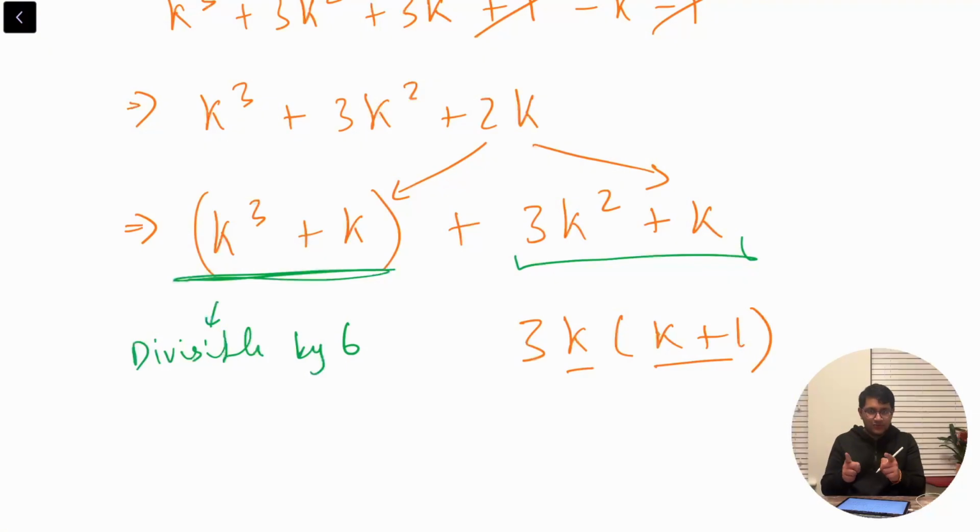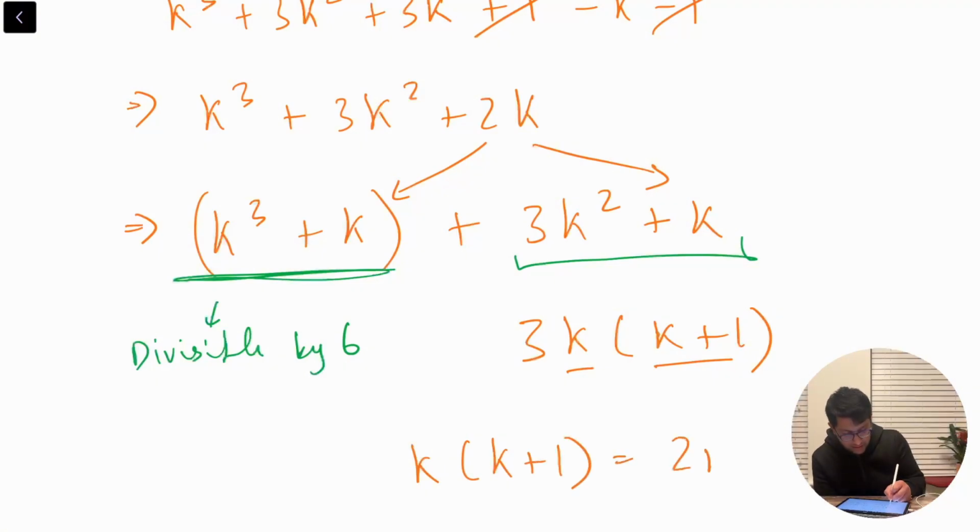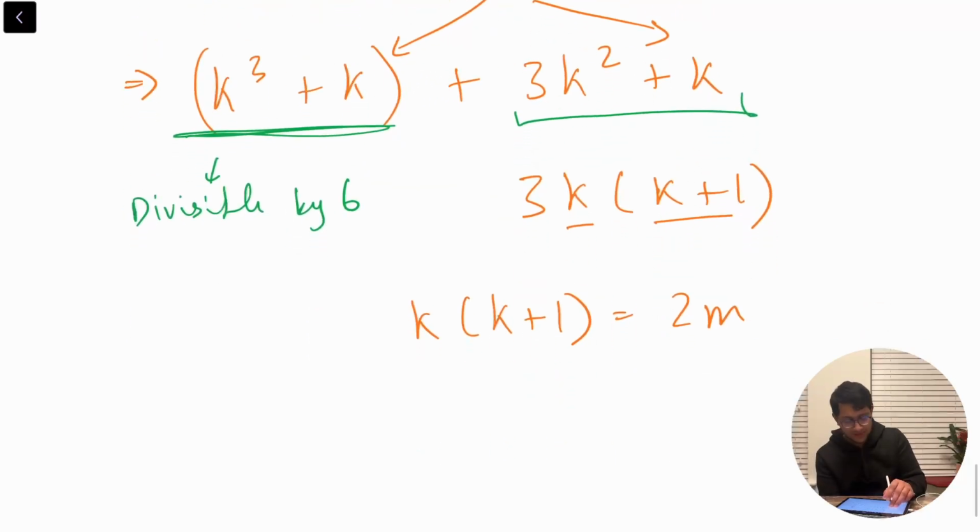Because k and k plus 1 are two consecutive integers, if you multiply any two consecutive integers, it has to be an even number. So we know that k times k plus 1 will be some even number, like 2m. Right? You see where I'm going with this?